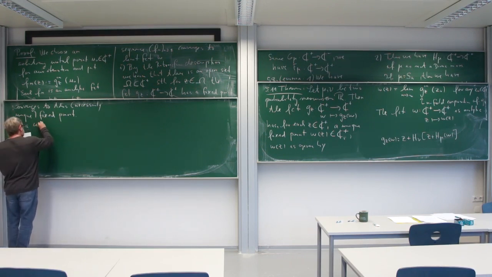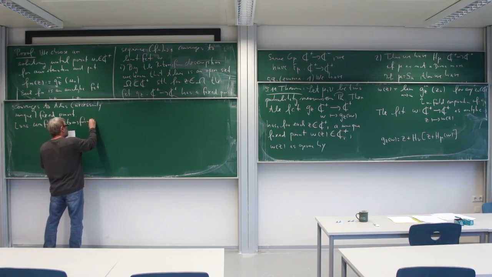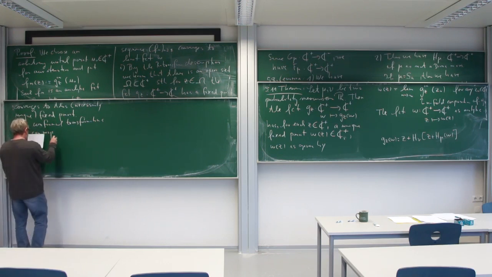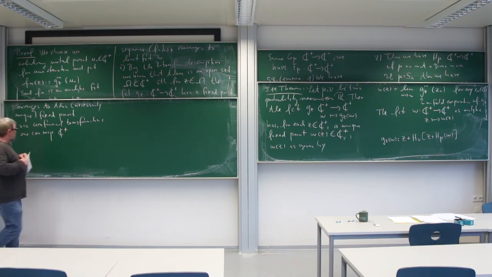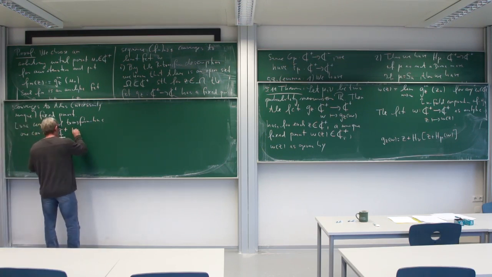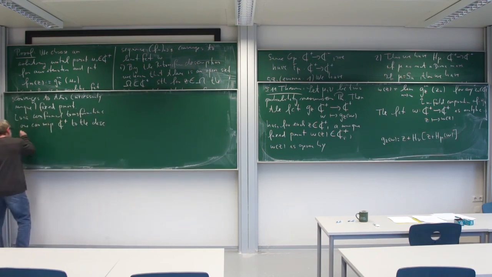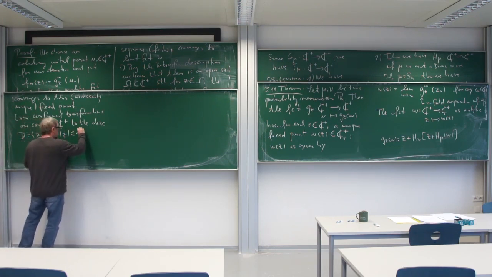Via formal transformations, one can map the upper half plane, I think that's where we are working here, one can map this C plus to the open disk, let's say D. Those are the complex numbers whose absolute value is strictly less than 1.